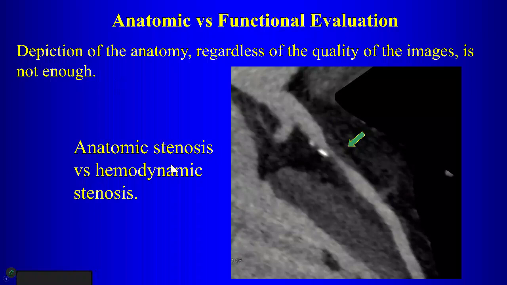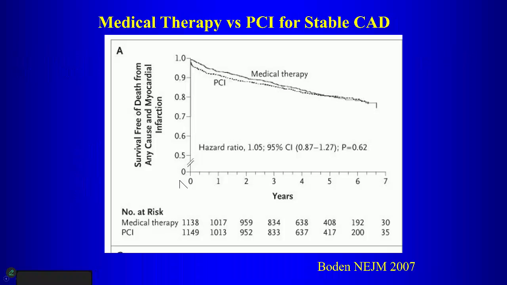There's a difference between an anatomic stenosis, what you see visually, versus a physiologically significant stenosis, meaning that all stenoses that we see visually based on the anatomy are not necessarily physiologically significant. So it's important to be able to differentiate the two so that the only patients you're sending to management are those patients that are actually going to require management of their stenosis.